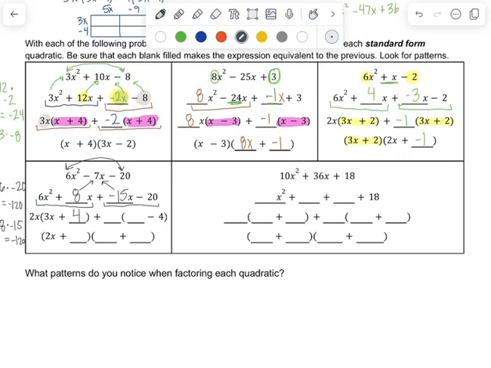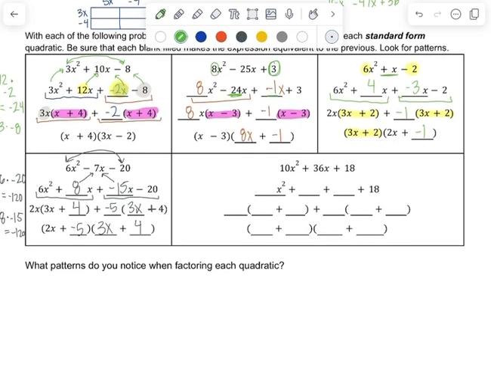So if you take out a 5 or a negative 5, I actually should have changed that. That's a plus. So that would be a 3x right there. So you still are left with 3x plus 4. And you are left over with 2x minus 5.